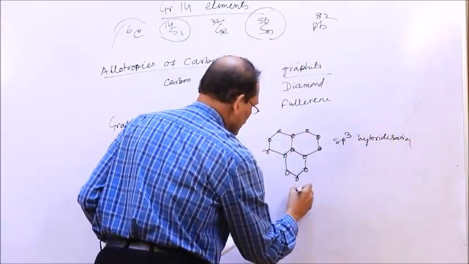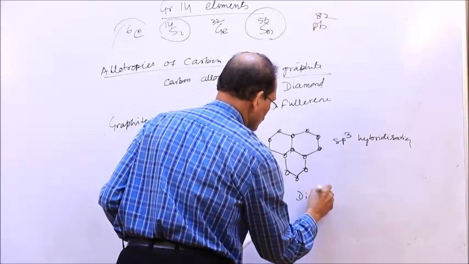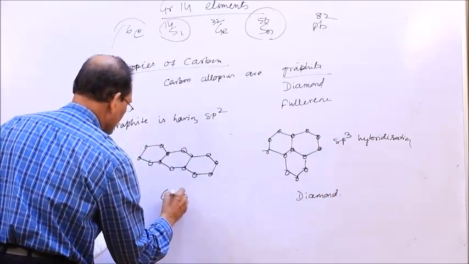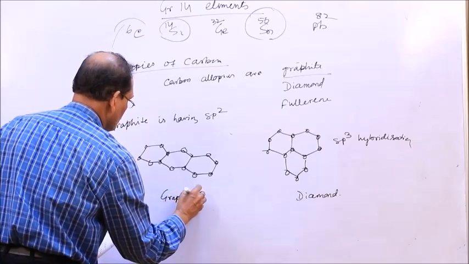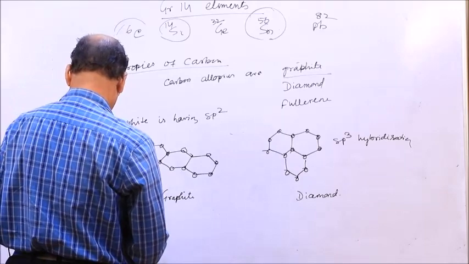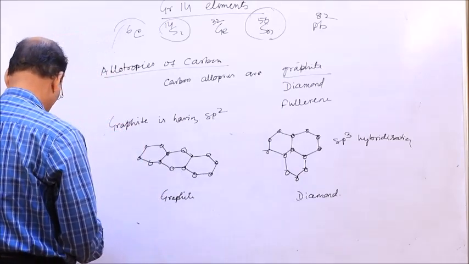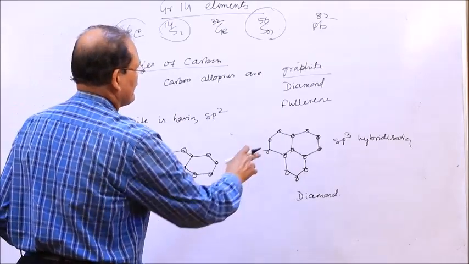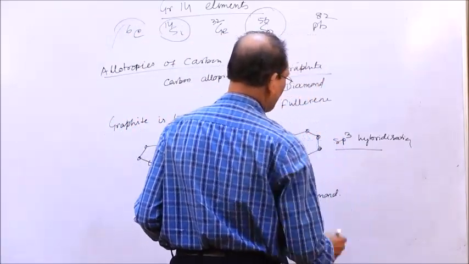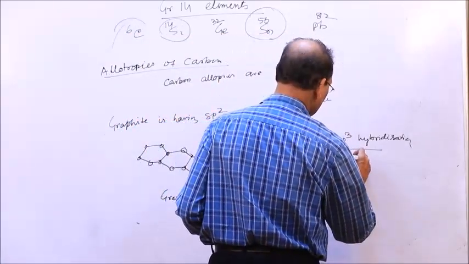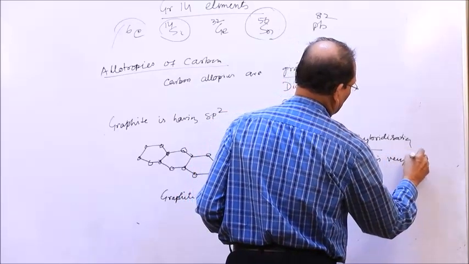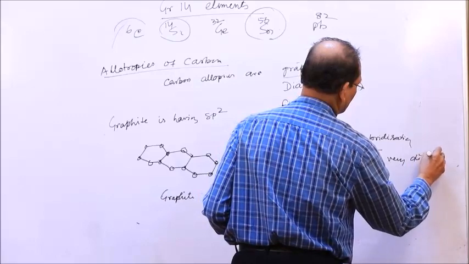This is the diamond structure and this is graphite. The covalent bond is very difficult to break.